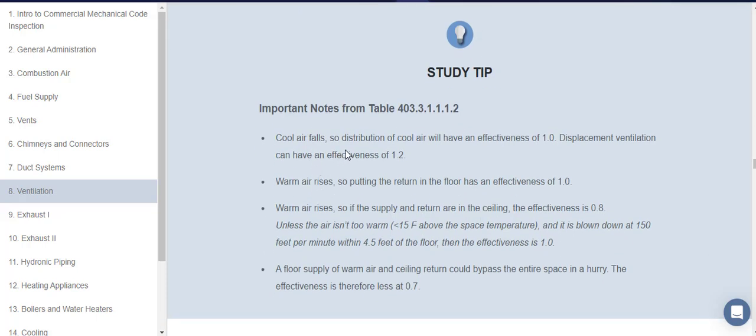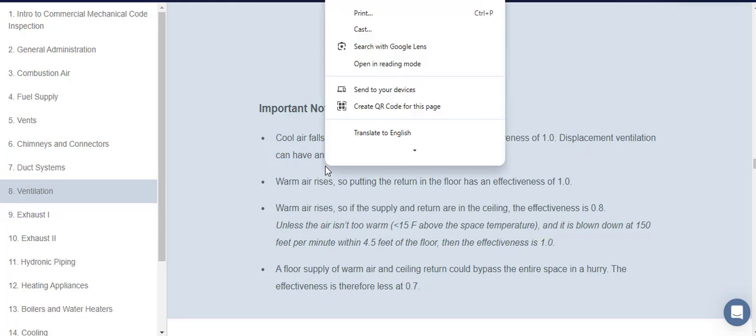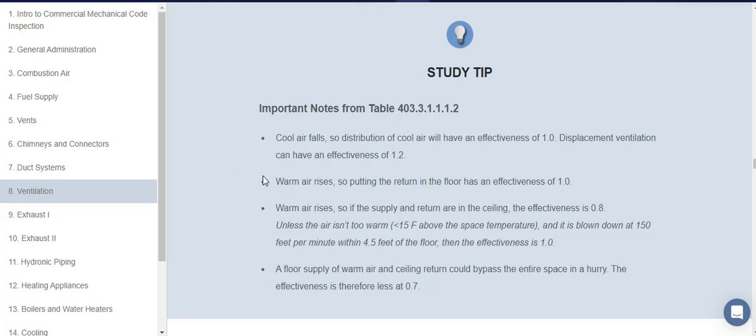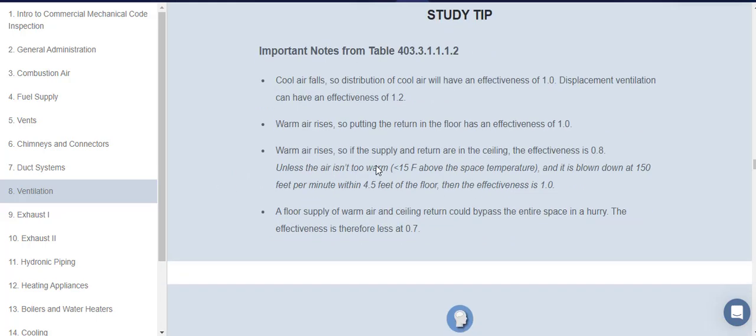Cool air falls, so distribution of cool air will have an effectiveness of 1. Displacement ventilation can have an effectiveness of 1.2. Warm air rises, so putting the return in the floor has an effectiveness of 1.